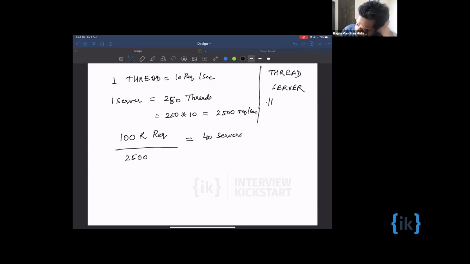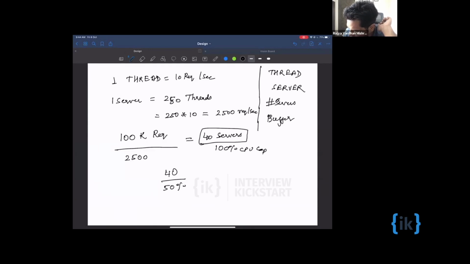Then you identify the number of servers, and you adjust it for buffer. This is servers running at 100% CPU capacity, but ideally they should be running at 40 or 50%. Let's say 50% for easier calculation. So 40 divided by 50% becomes 80. We need 80 servers.